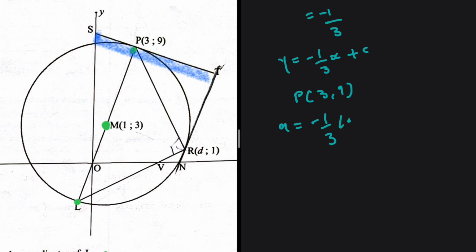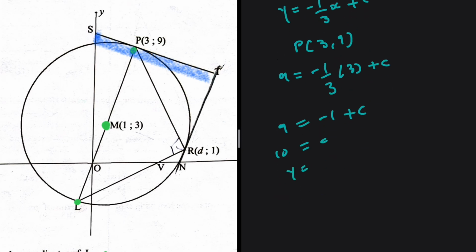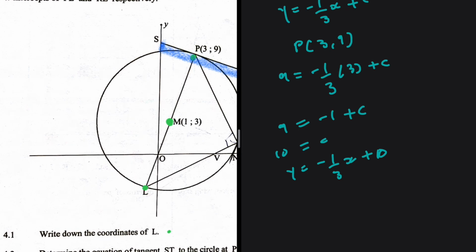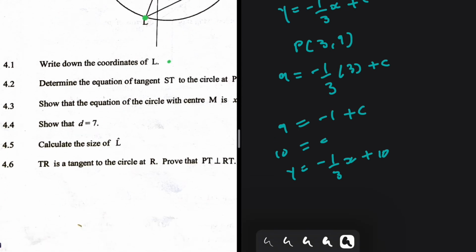Well, x is 3 here because we're substituting P. So we have 3 plus c. 9 equals minus 1 plus c. 10 equals c. So y equals minus 1 over 3 x plus 10. We're good to go. Okay, so this is 4.2. Let's take a look at 4.3.